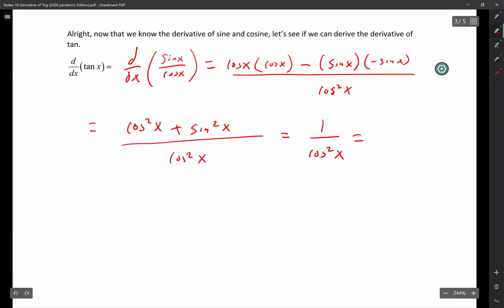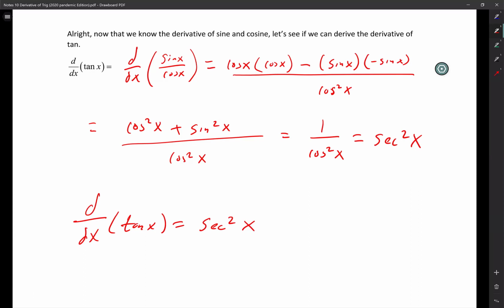It's a reciprocal trig. Secant. Secant squared. Are you going to be doing all this over and over again just to get the derivative of tan? No. So next time someone tells you, what's the derivative of tan? You're going to say secant squared. Do we understand that, guys?